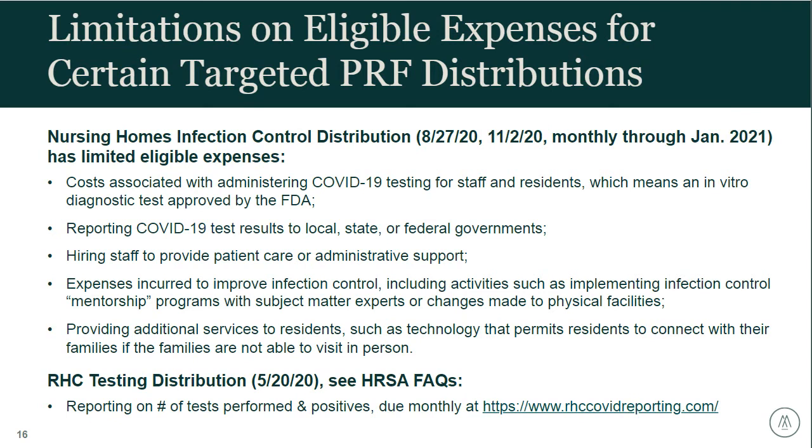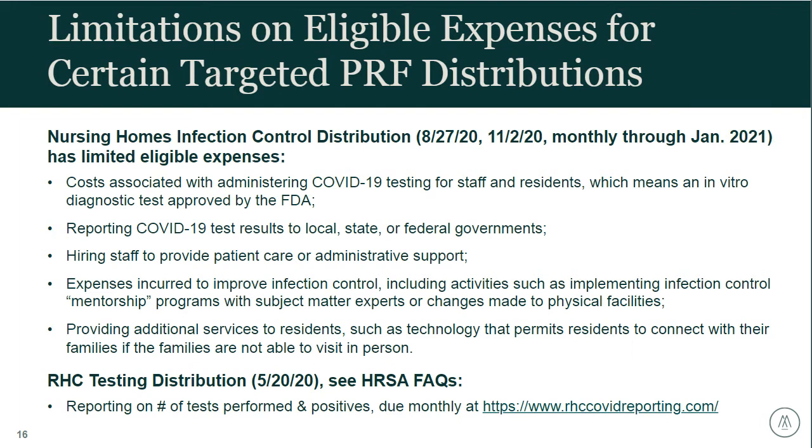If you got this nursing home infection control distribution, or sometimes quality improvement payment, that you might have heard of, on August 27th, November 2nd, and monthly through January, and I think some of my clients got another payment on November 30th and December 9th, just be aware that the terms and conditions for these distributions are all the same as each other, but different from the rest of the distributions.